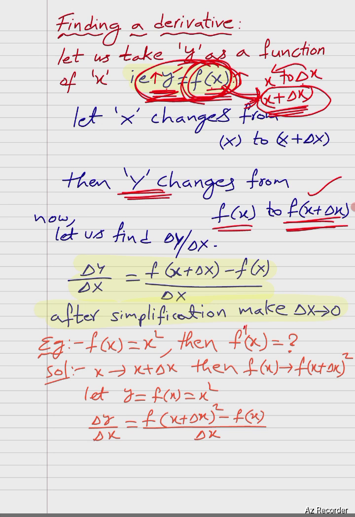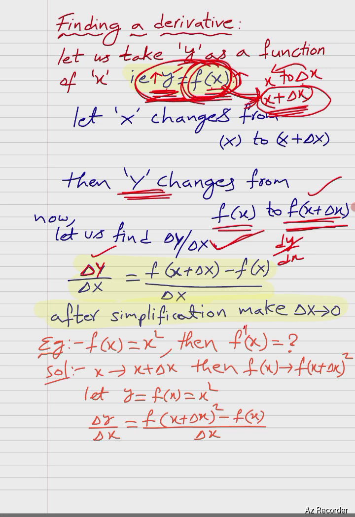Now let us find delta y by delta x. Actually, our target is to find dy by dx, but first let us understand how to calculate delta y by delta x. What is delta y? Delta y is the change in y.